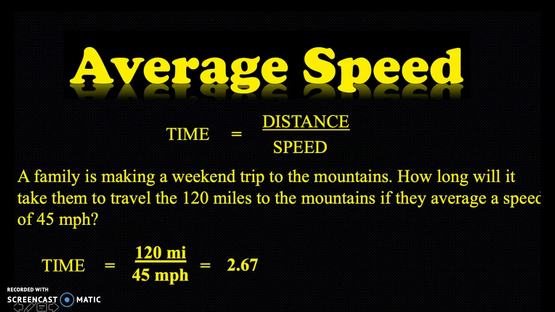If I have 2 over 2, they cancel out. So if I have miles over miles, they're going to cancel out. So if I cancel the miles out, what I'm going to be left with is a unit in time. And in this case, our unit of time is hours. So again, the miles cancel out. I'm left with hours. Okay, so it would take 2.6 hours for them to make the trip.